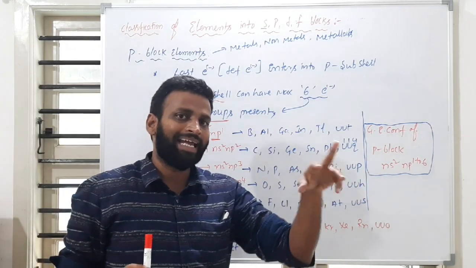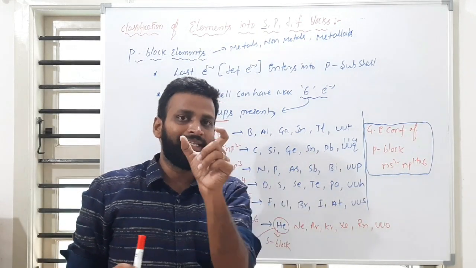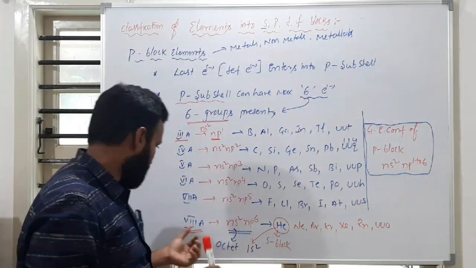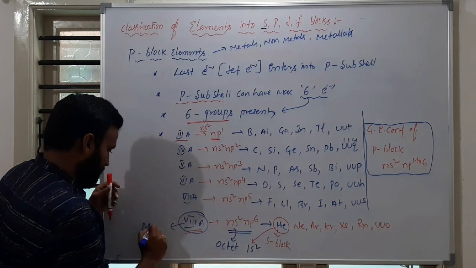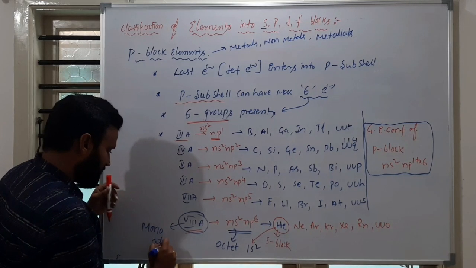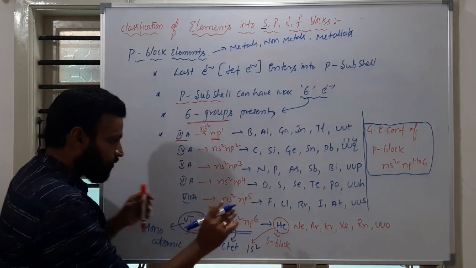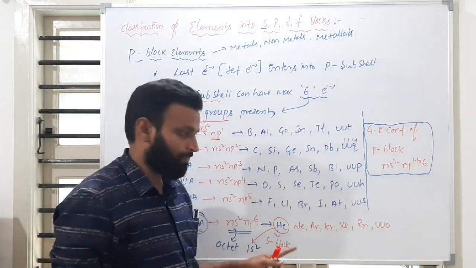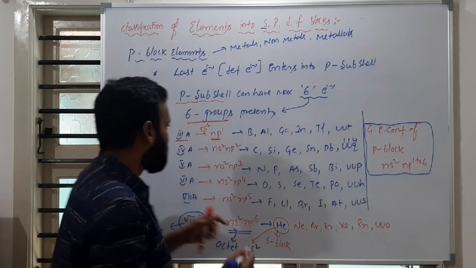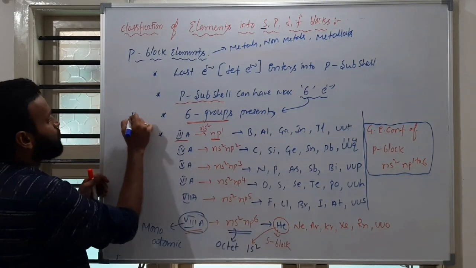Hydrogen is non-metal, diatomic gas H2, and helium is monoatomic. Not only helium, these all 8A group elements are monoatomic. Mono means single. Atomic means only they exist as a single atom. He, neon, like that. But hydrogen exists as H2.